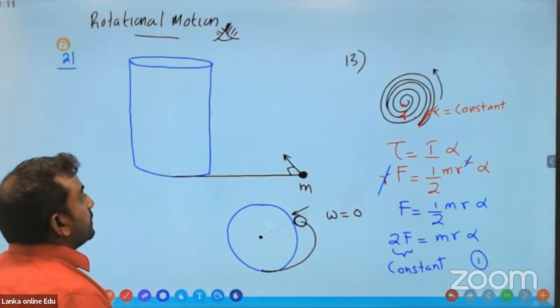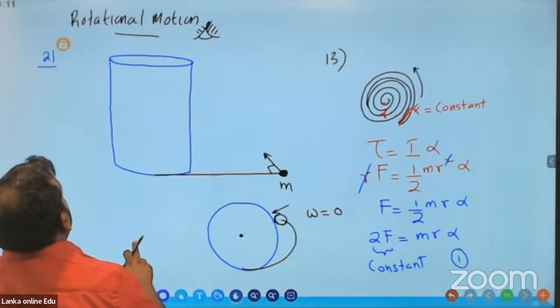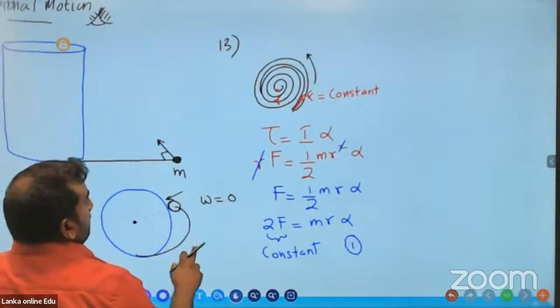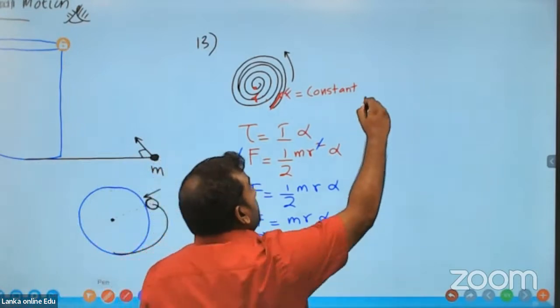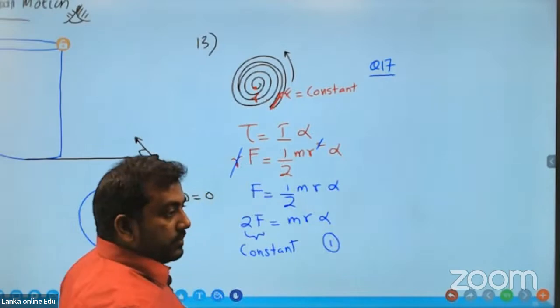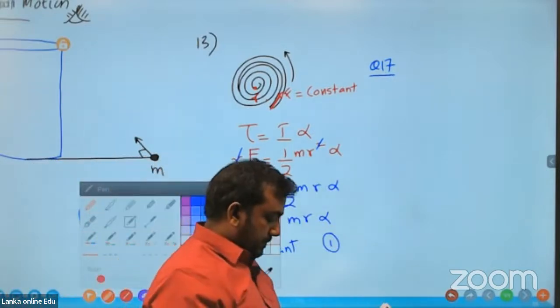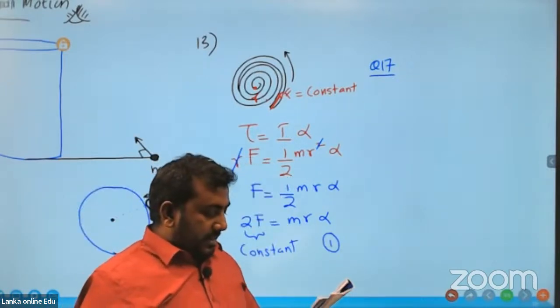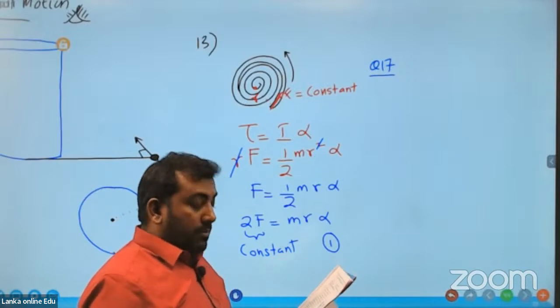Question number 70. These are small ideas, but important when it comes to MCQ. Carefully look. Question 70. Read that. A figure shows a bicycle wheel which is rotating with a large velocity omega about the axle.